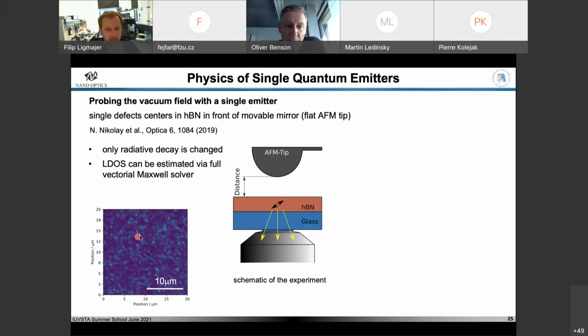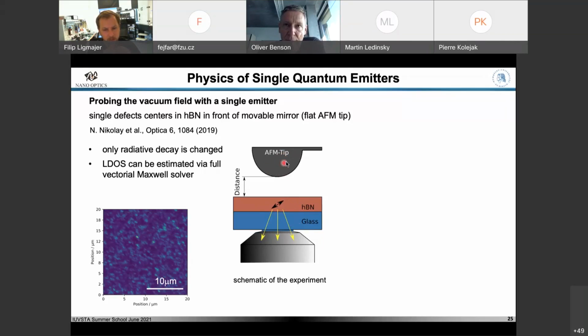So you have an atom-like object lying flat on your glass substrate. And you can collect the light from it. So you may excite it with a laser and you collect the fluorescence light. And now instead of moving this atom-like object up and down, we moved a metal mirror up and down. And what we used here is a very flat AFM tip, so diameter of millimeters or so.